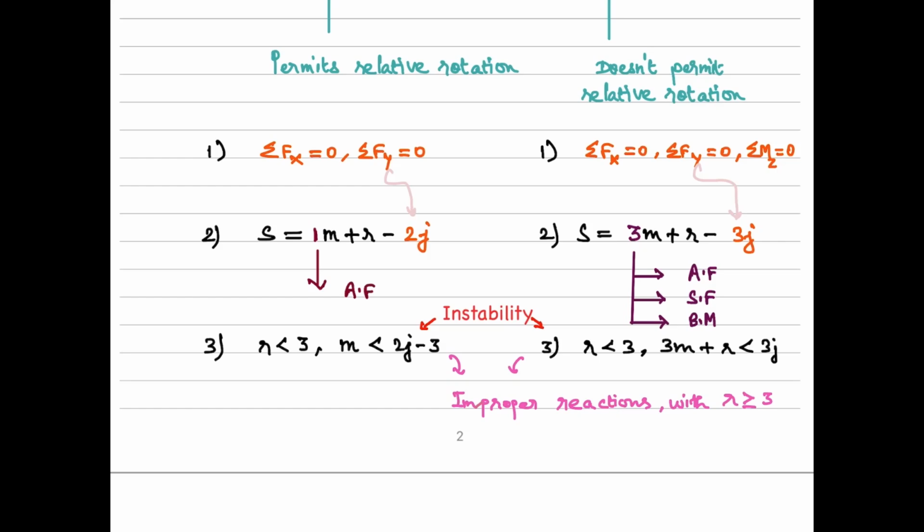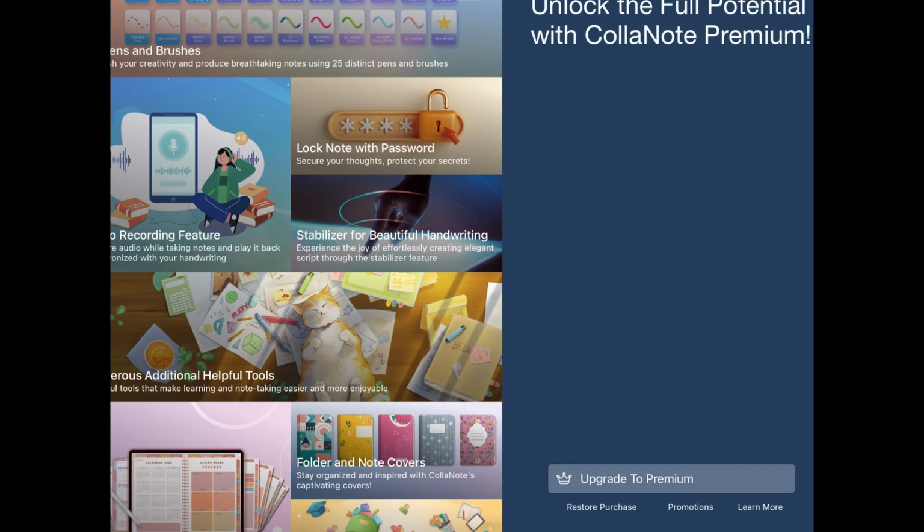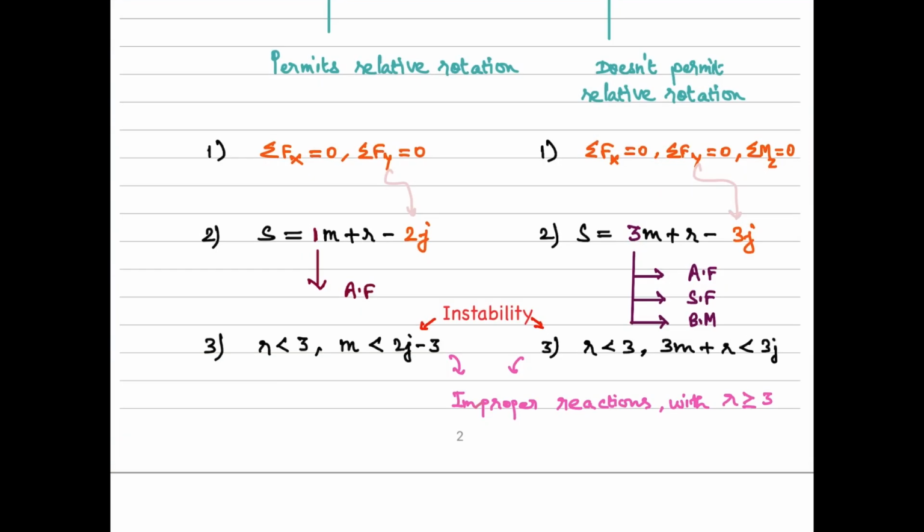So it leads to instability because the problem we are dealing with will not have a unique solution. The same is applicable here, but here we say when 3m plus r is less than 3j, then in that case also we have fewer unknowns but more equations, which causes instability. I suppose this helps.